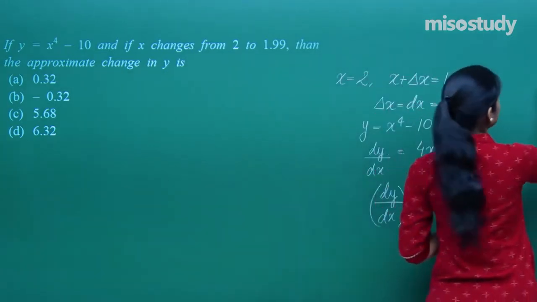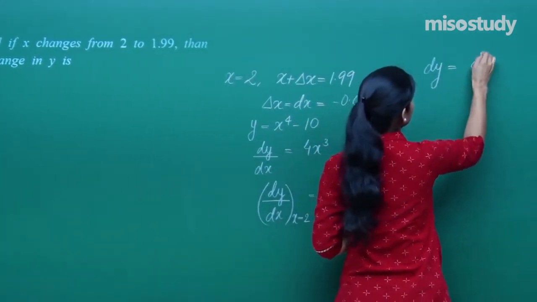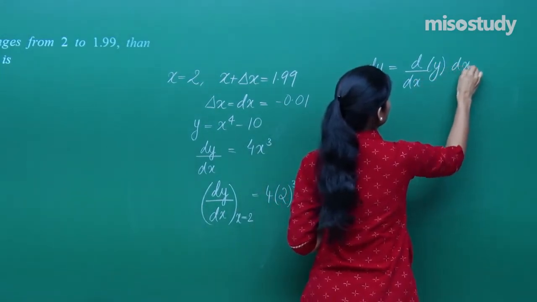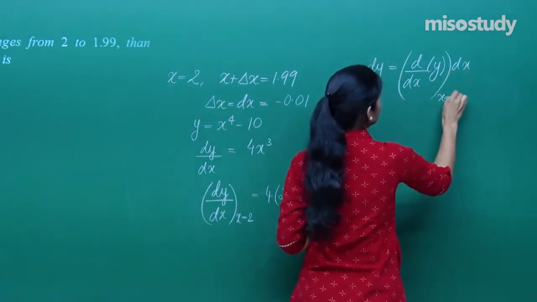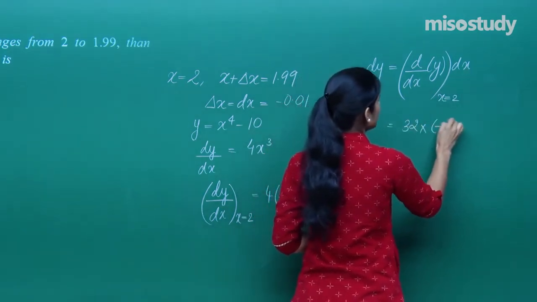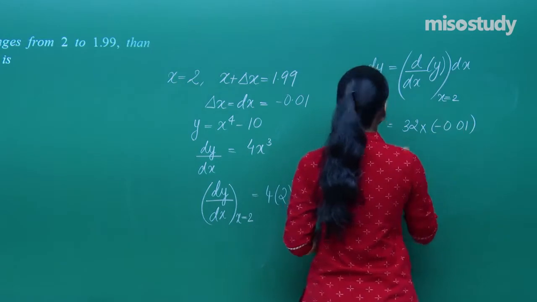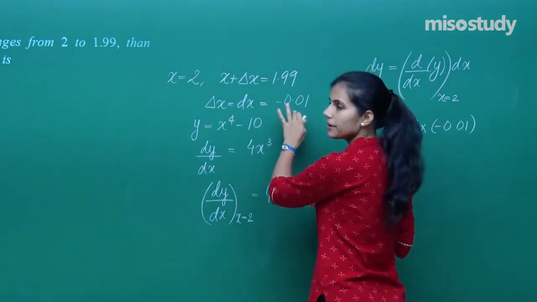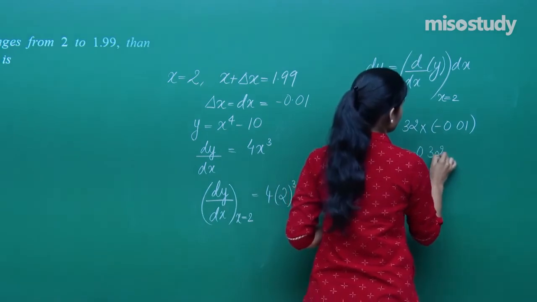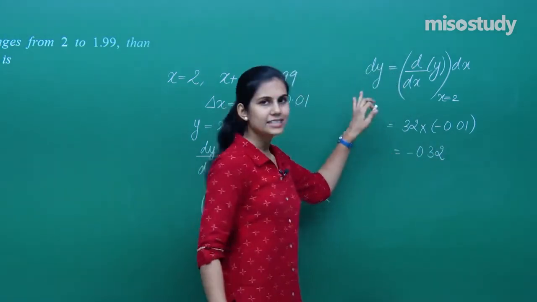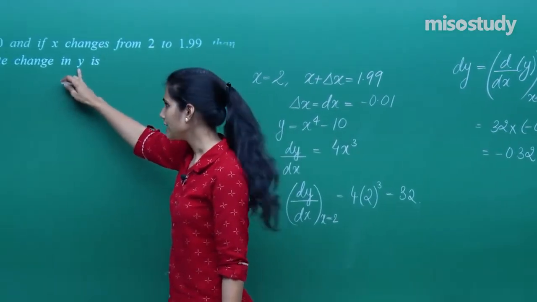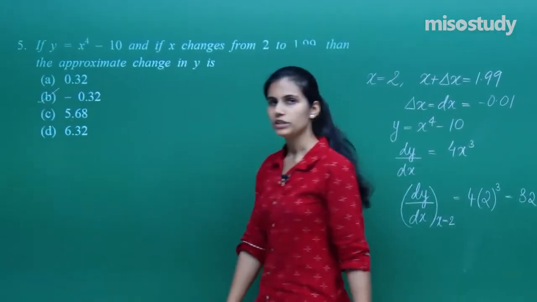And you know that dy is dy by dx at x equals 2 into dx. So this becomes 32 into minus 0.01, because dx is minus 0.01, that is minus 0.32. So the change in y, that is dy, is minus 0.32.